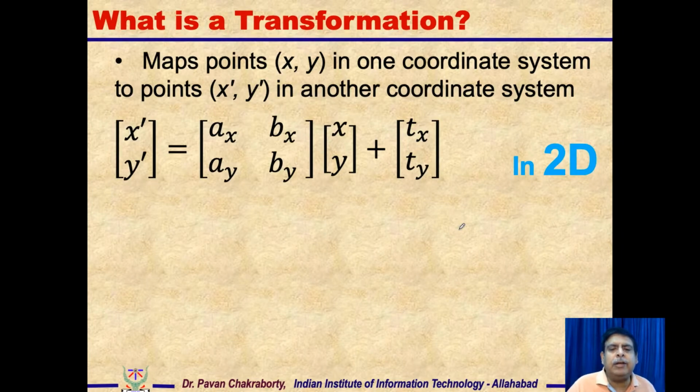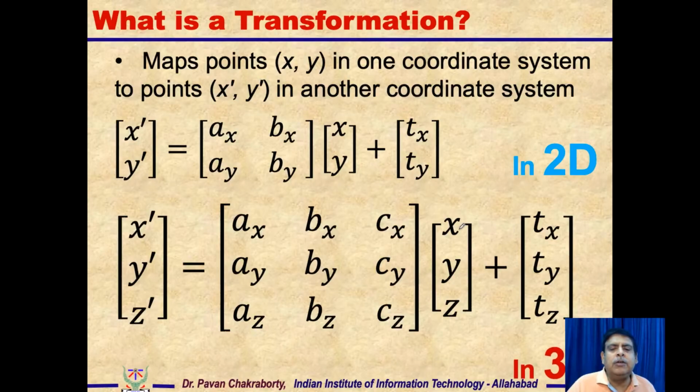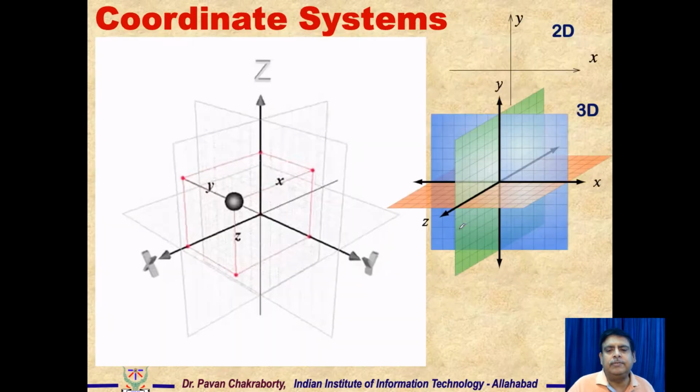The same equation in three dimensions would be of this kind, where the matrix, instead of being a 2 by 2 matrix, becomes a 3 by 3 matrix, and the vector becomes of three coordinates x prime, y prime, z prime, and x, y, z, and the translational vector is t_x, t_y, and t_z.